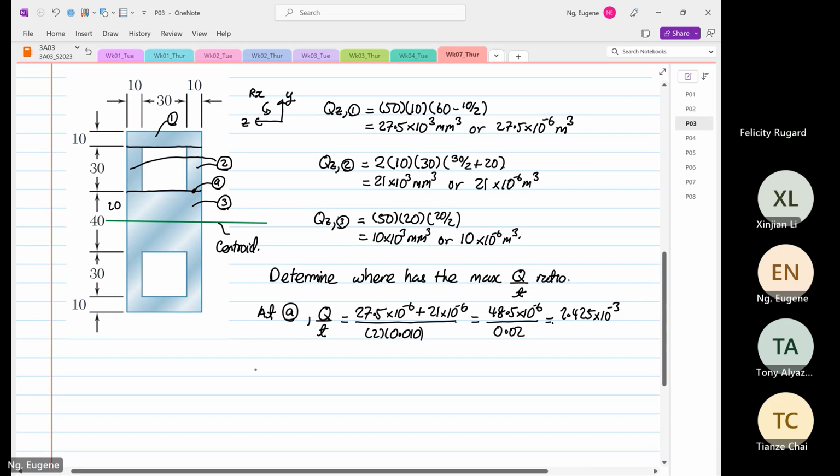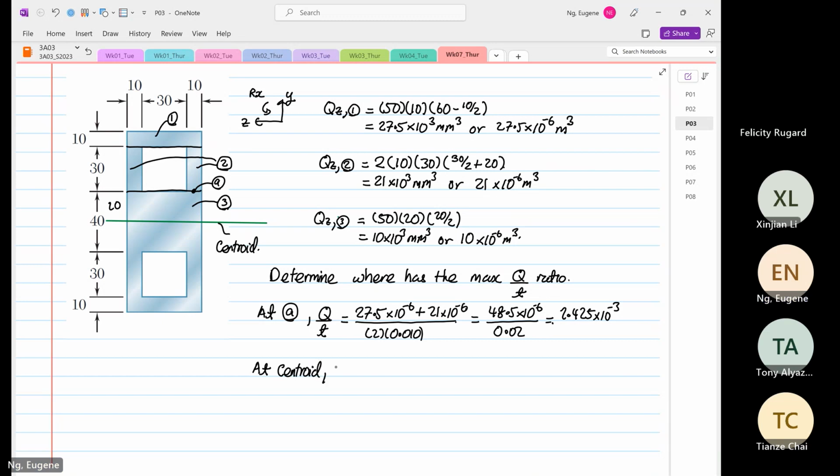Then at the centroid, okay, so the first one is based on tau mean. At the centroid is tau max, just divided by thickness. So this is equal to 27.5 times 10 to the power minus 6 plus 21 times 10 to the power minus 6 plus 10 times 10 to the power minus 6, divided by the thickness, which now changes to 0.05.